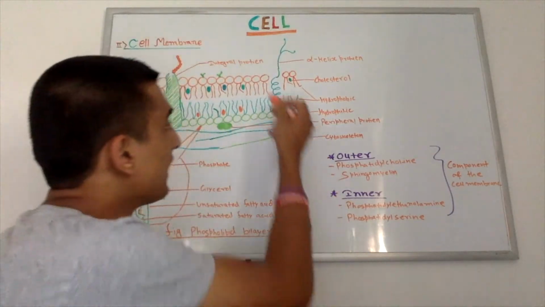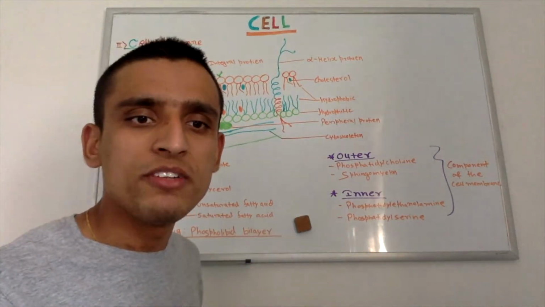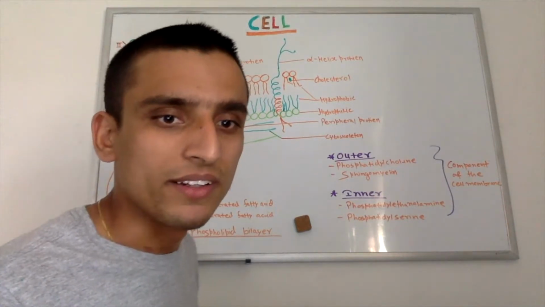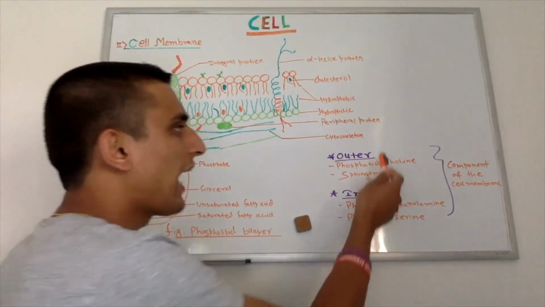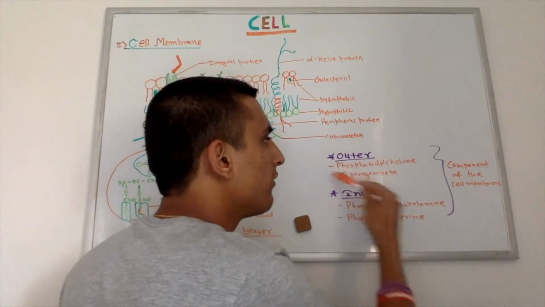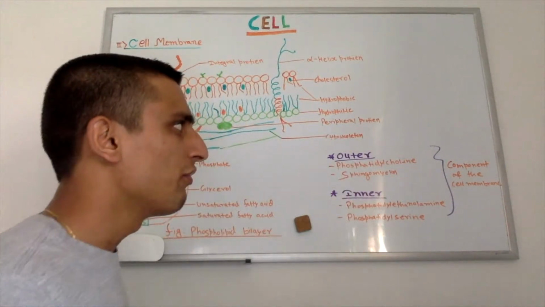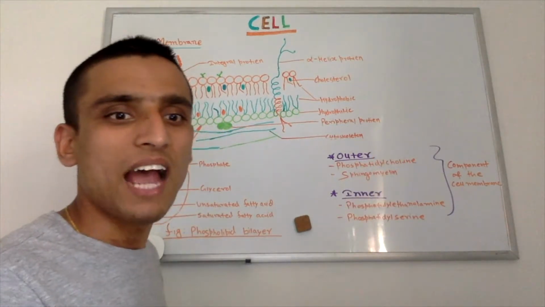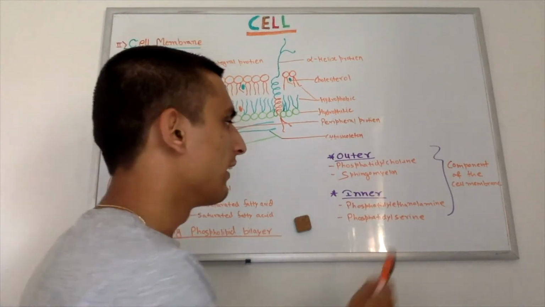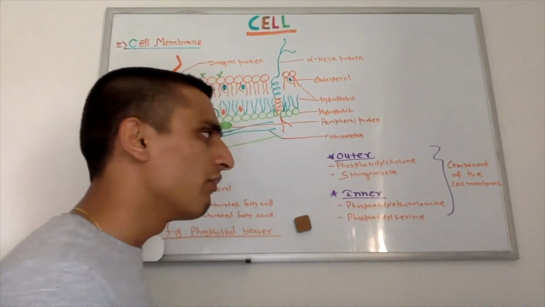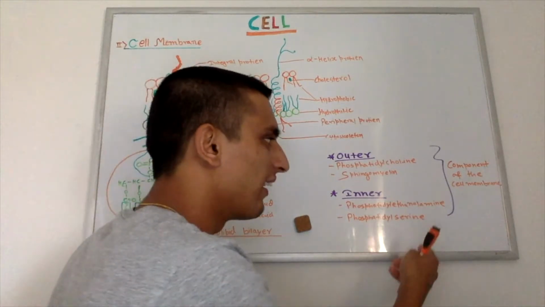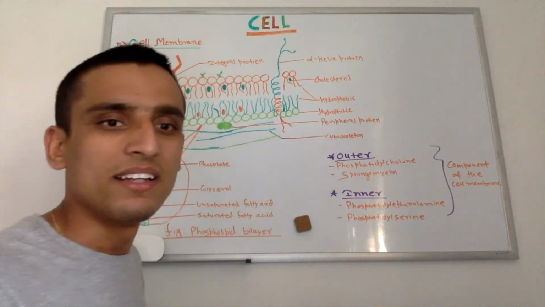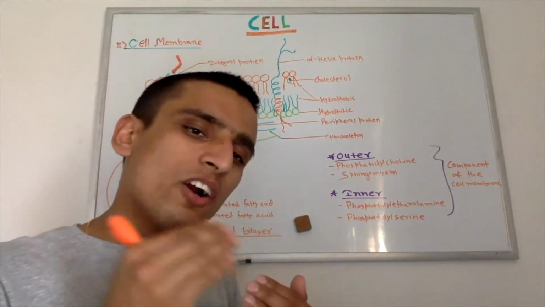The outer membrane and the inner membrane are slightly different from each other due to the presence of different components. The outer component of the cell membrane usually has phosphatidylcholine and sphingomyelin. The inner components usually have phosphatidylethanolamine and phosphatidylserine.